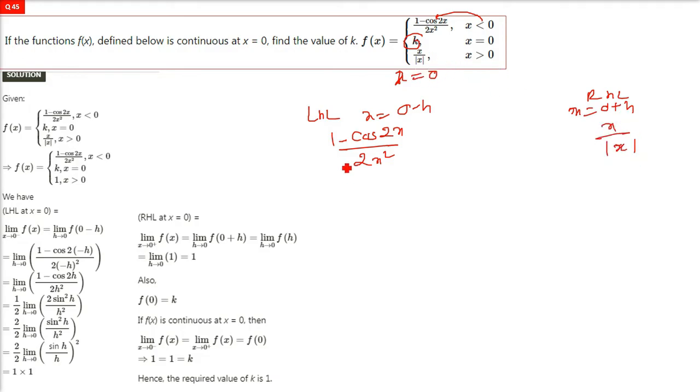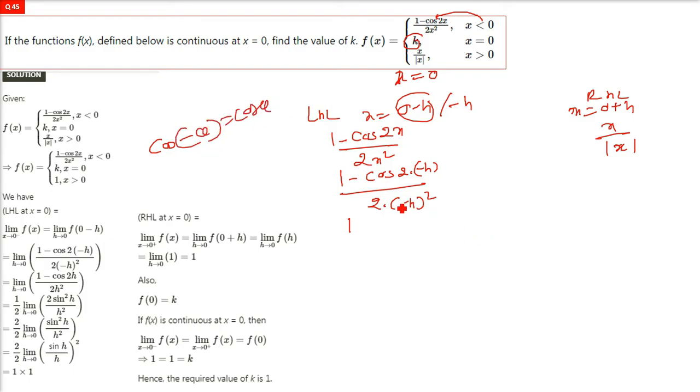Okay, so let us do this one. 1 minus cos 2x, so we will put minus h here: 1 minus cos of twice of minus h divided by 2 times minus h whole square. So cos minus theta is cos theta, as sine minus theta was minus sine theta. So we get 1 minus cos 2h divided by 2h square.